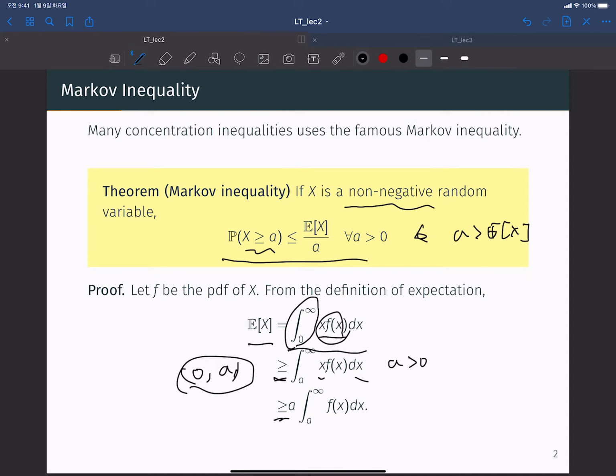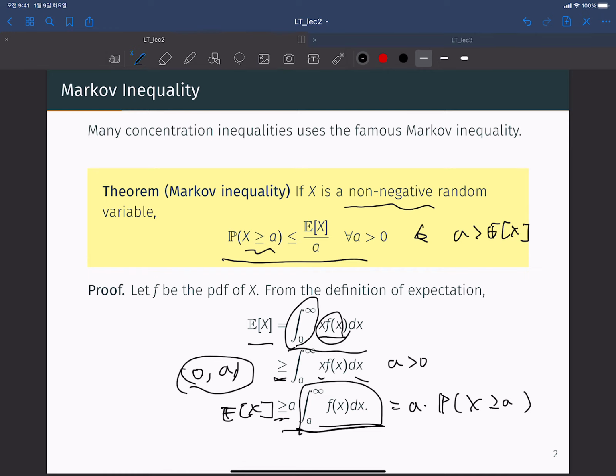So we finally have this inequality: the expectation of x is bigger than or equal to a times the integral from a to infinity. And this integral, by definition, is equal to the probability x is bigger than or equal to a. So now we have the Markov inequality.